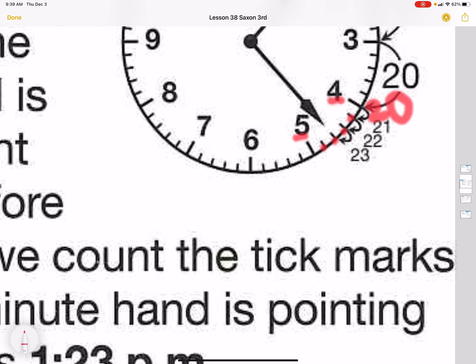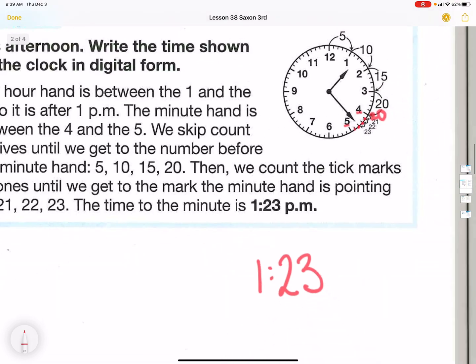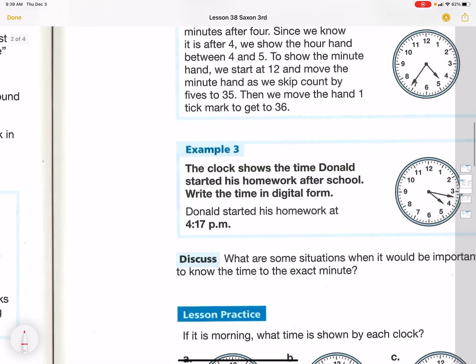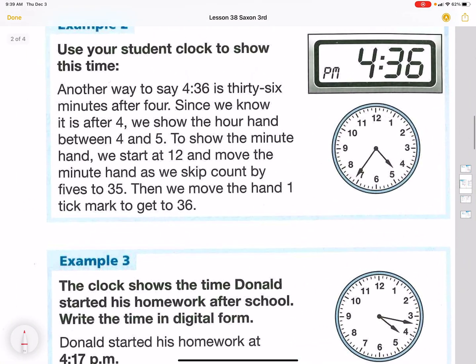And now we just count by ones for every mark that we go past. 20, 21, 22, 23. So the minutes on that clock are equal to 23 minutes. And that is what the book got as well, so we know that Miss G had her coffee this morning. She got it right.